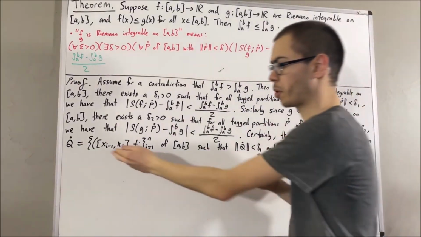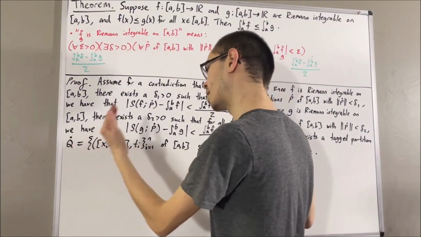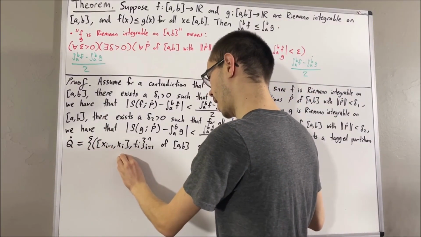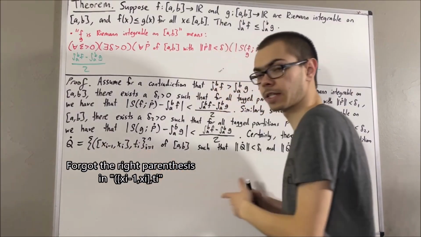And let's call that partition Q. We'll say that the subintervals of Q look like this, and the tags of Q look like this.